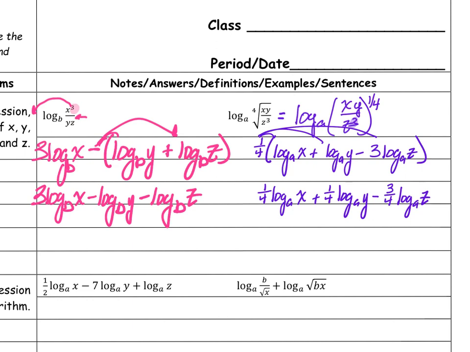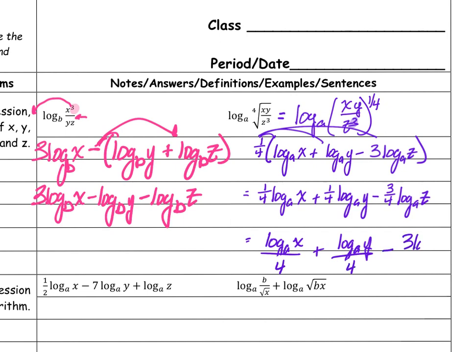This can also be written, I just want to rewrite it because you can see it this way also, but if you put it into Delta Math this way, it would be correct. You can also write it this way: log base a of x divided by 4, plus log base a of y divided by 4, not 3. See, we'd start all over again, but we're too far into it, so you guys know I make mistakes, just like we're in class.